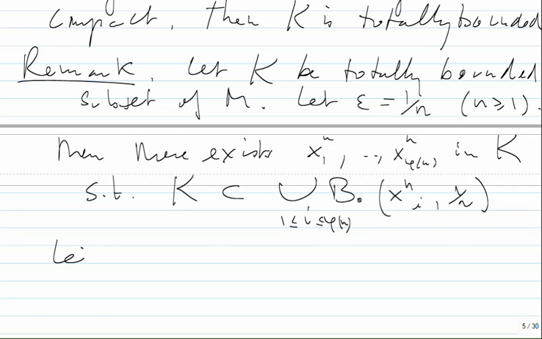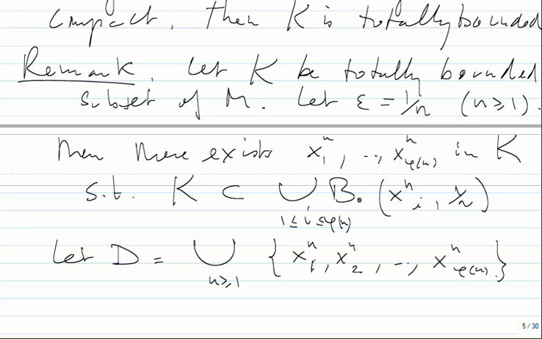Now let D be the union over n of these x_ni's, the centers that we just found, x_n1, x_n2, all the way to x_n phi(n). So we now have a set which is a countable union of finite sets, therefore it is countable, so D is countable.